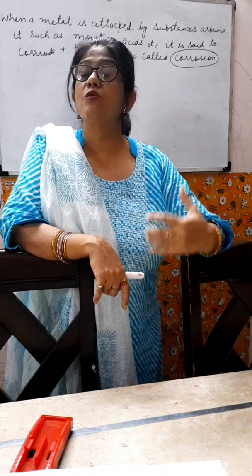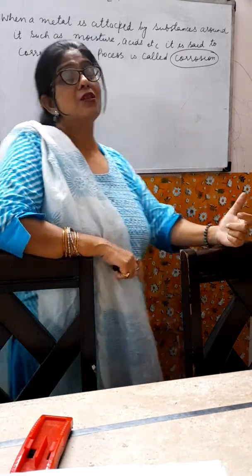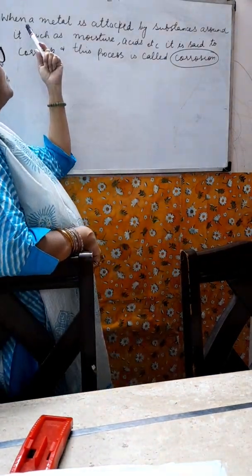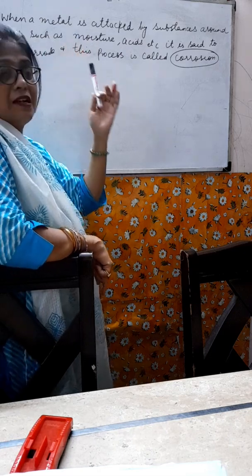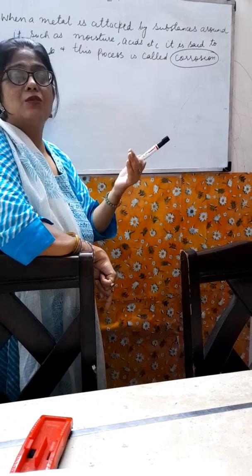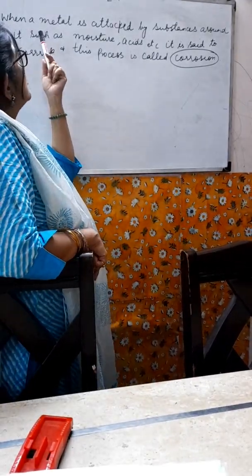So this corrosion is because of the oxidation process. Basically, few metals are subjected to corrosion, but iron is affected the most, and I'll give you names of other metals also.